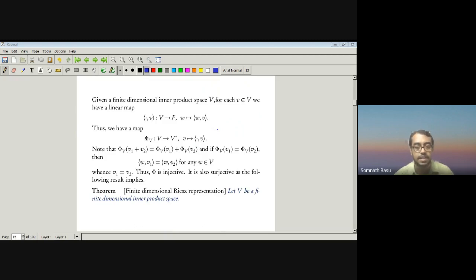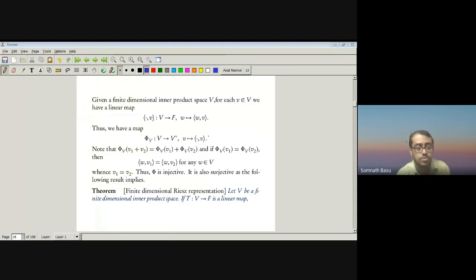Okay, so what does it say? It says let V be a finite dimensional inner product space, again over the reals. If T from V to F is a linear map, so what would you expect? I have a linear map from V to F, so by definition this T is an element of V star. But we already know that because this capital Phi is an isomorphism, we already have such kind of linear maps.